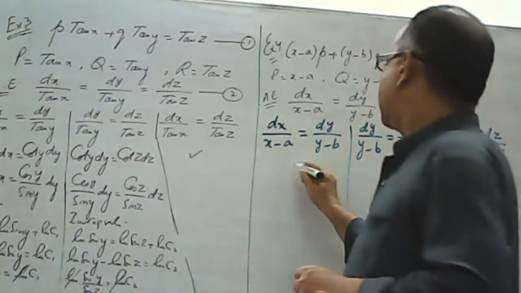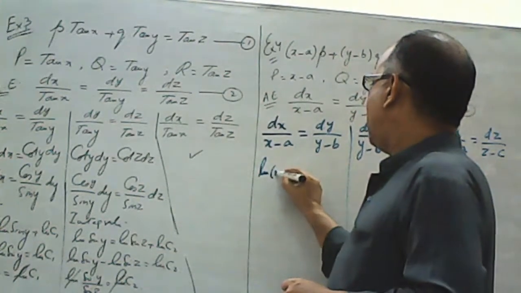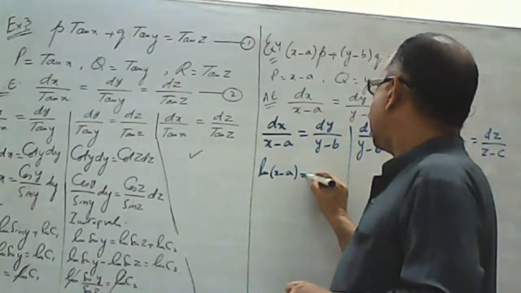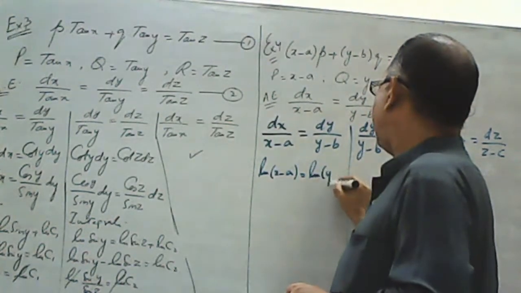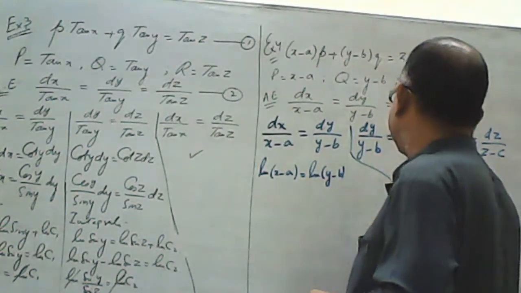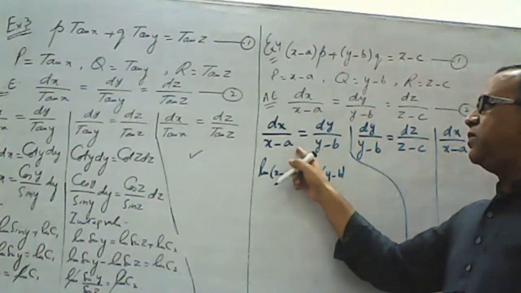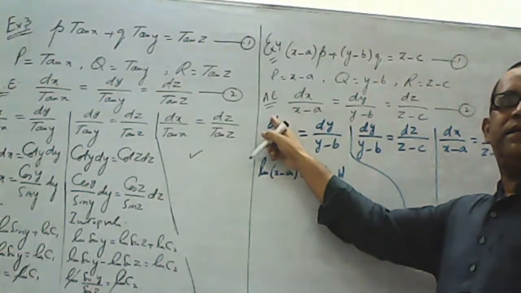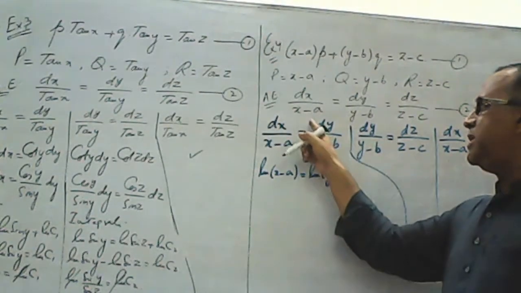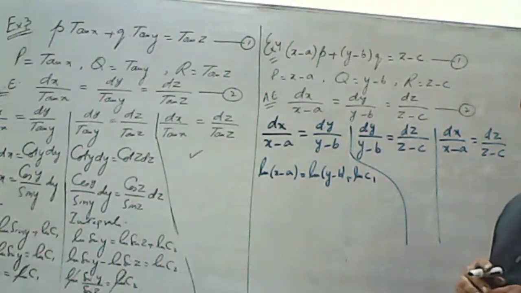In this, if I integrate directly, it means log of x minus a is equal to log of y minus b, because the derivative of x minus a is 1 and it is there in the numerator, and the derivative of y minus b is there in the numerator, plus again log of c1.